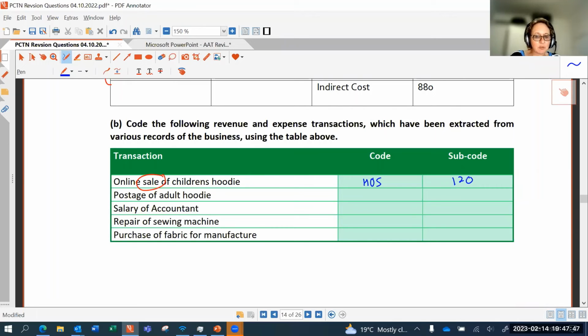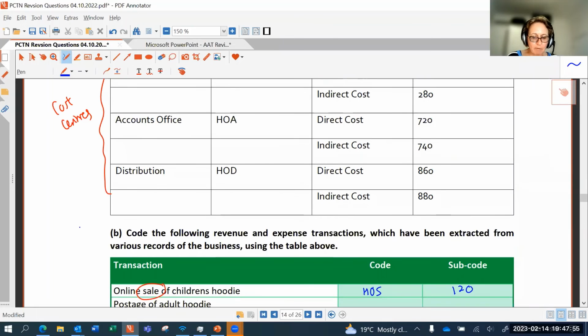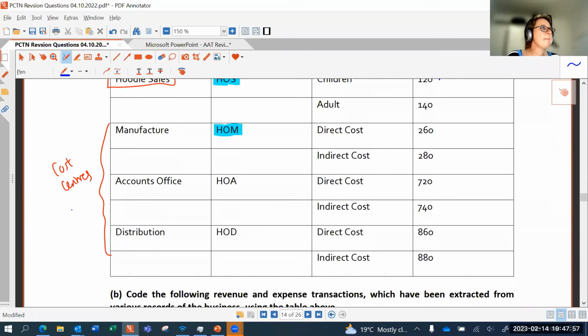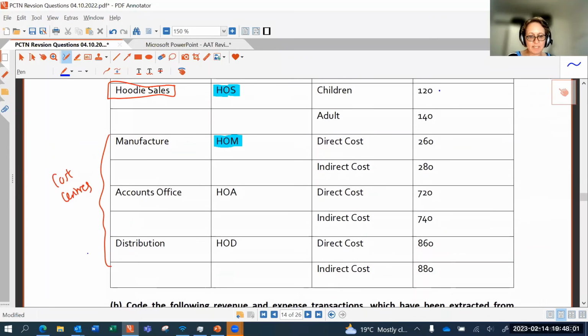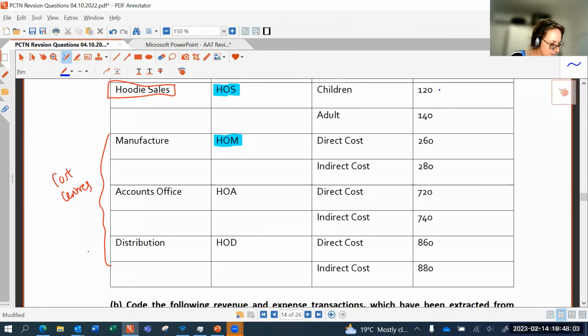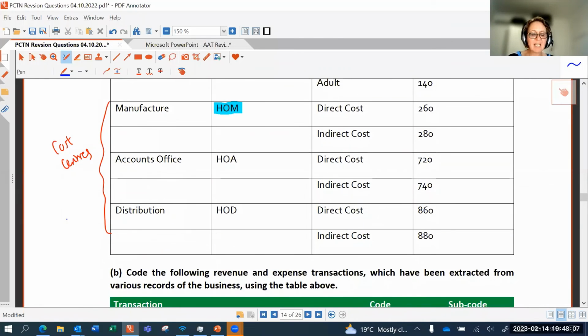Postage of an adult hoodie. Postage. Where's postage going to go? Which of these categories do you think postage would relate to? Distribution? I'd say postage is probably distribution.